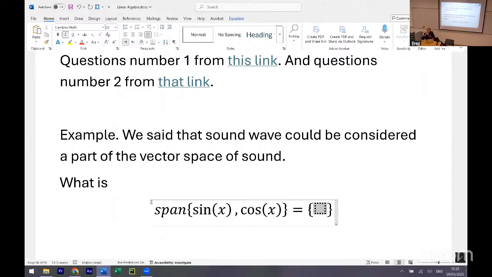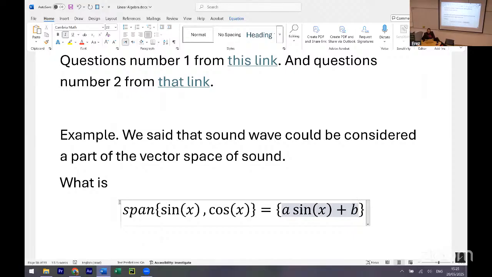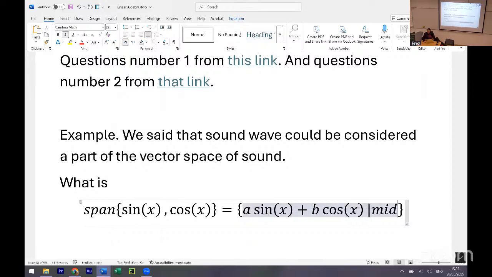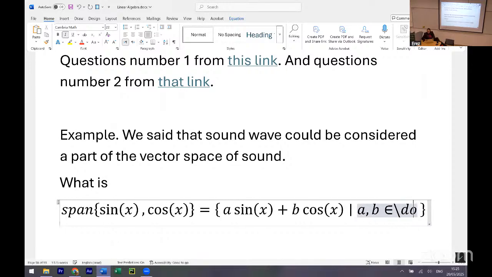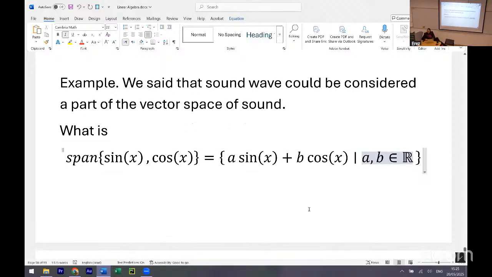All the points that we can get from. That's true. So what do I write here? Yeah, exactly. I write a times sine x plus b times cosine of x. Agreed? Such that a and b are some real numbers.